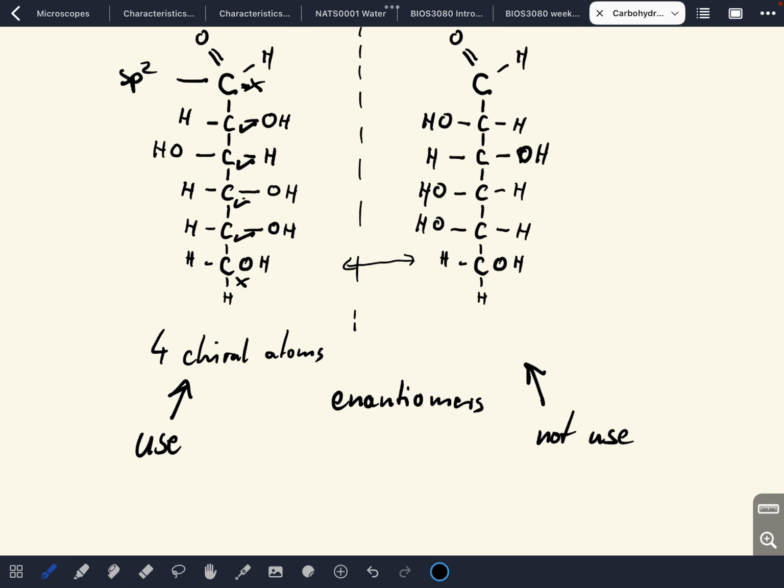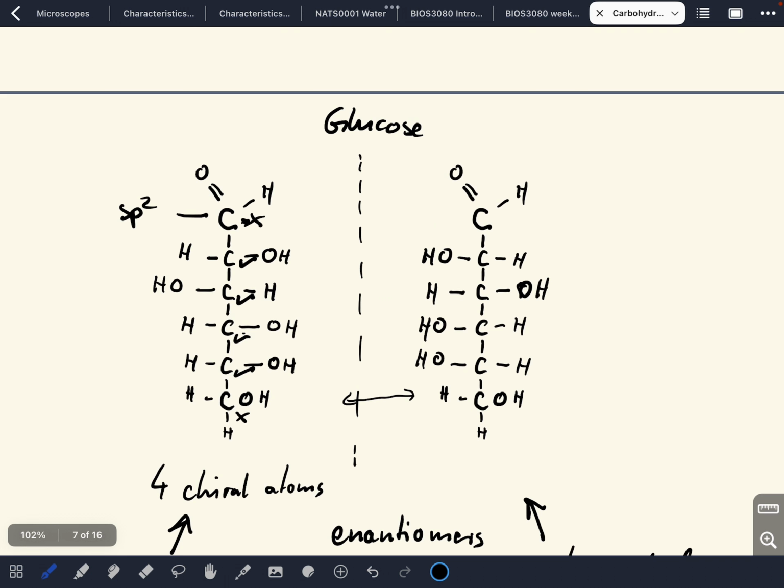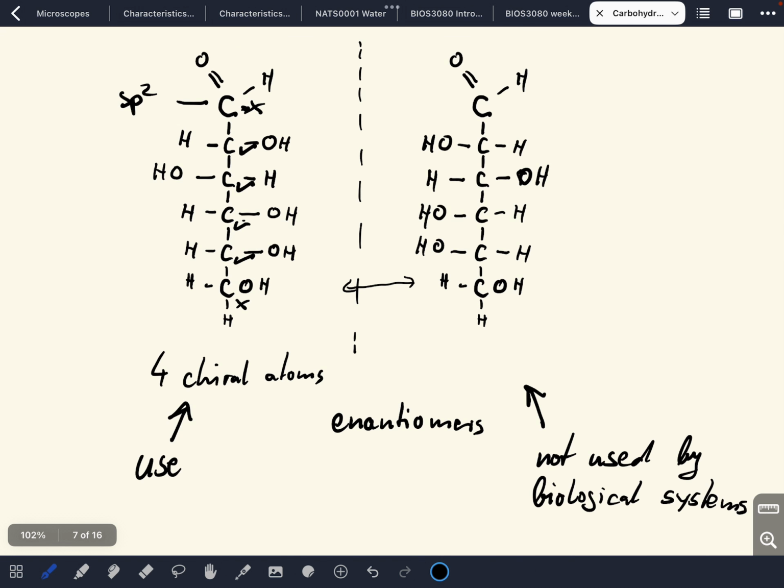Not used by biological systems, or very, very rarely. So this is how chirality actually plays an important role in the structure and the function of carbohydrates.